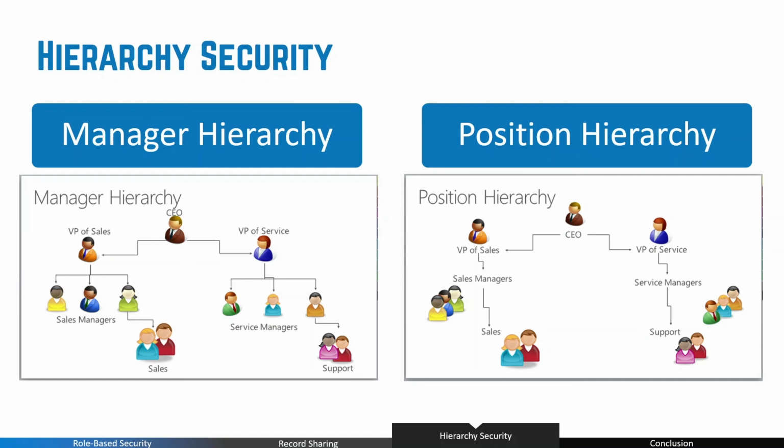If you are a financial organization, you may prefer the manager hierarchy model to prevent managers accessing data outside of their business units. However, if you are a part of a customer service organization and want the managers to access service cases handled in different business units, the position hierarchy may work better for you.